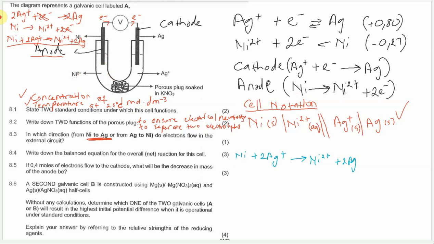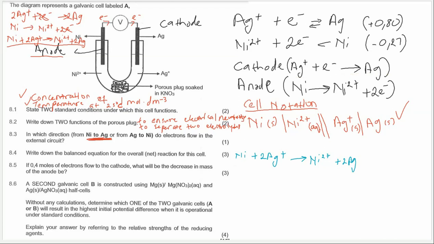So this is the equation that wants us to identify the mass which was lost when 0.4 moles of electrons flow to the cathode. So let's see what we have. In order to calculate this, you have your reaction where you have your cathode reaction.